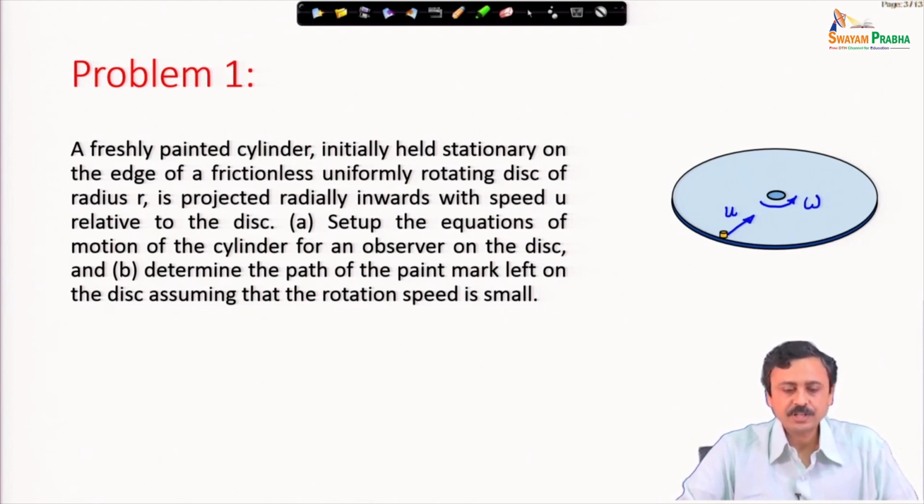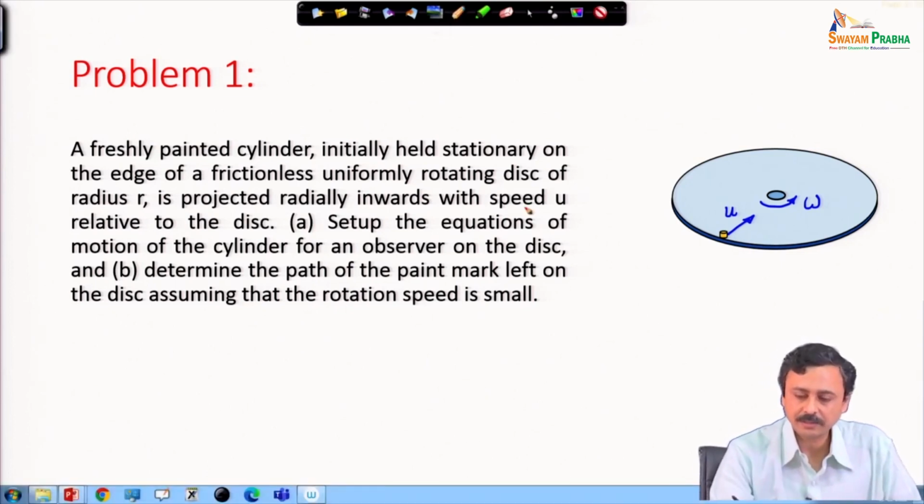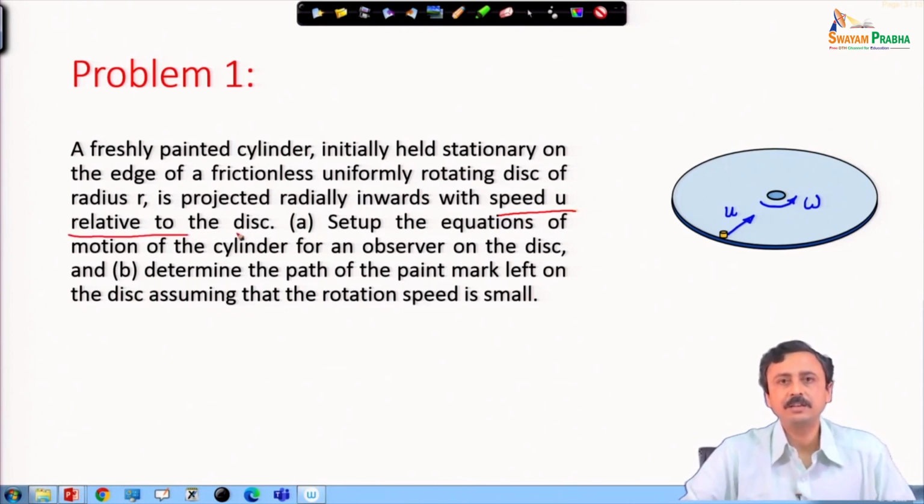This says a freshly painted cylinder, a small cylinder, initially held stationary on the edge of a frictionless uniformly rotating disc of radius r is projected radially inwards, that means towards the center, with speed u relative to the disc. This you should notice carefully, that this speed, or the velocity, is given relative to the disc.